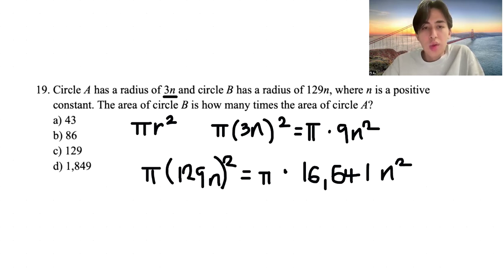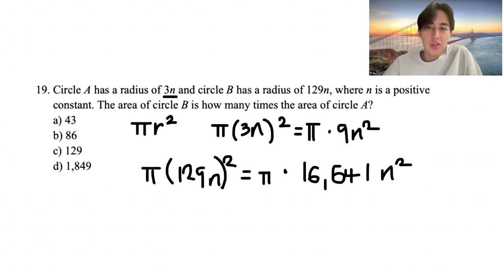Now, we want to find the area. This is the area of circle B. This is the area of circle A. We want to find how many times larger circle B is than circle A. So what we would want to do is just divide 16,641 by 9.